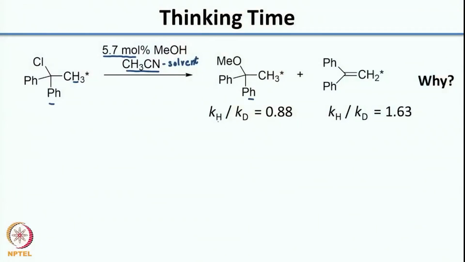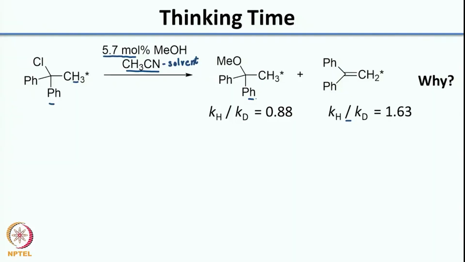So, if you study the kinetics for formation of this product, you get a Kh over Kd value which is 0.88, an inverse kinetic isotope effect, whereas in the case of elimination you get a Kh over Kd value of 1.63, which is a normal kinetic isotope effect. Now, what I would like you to do is write the mechanisms for formation of each of these products, and then based on the mechanism see if you can justify the Kh over Kd value.